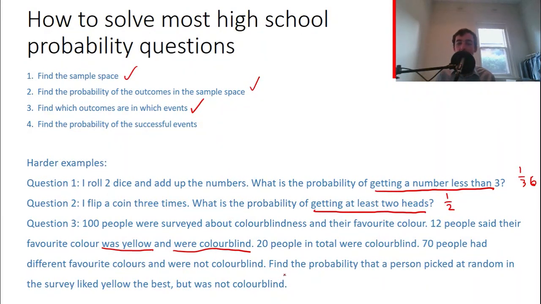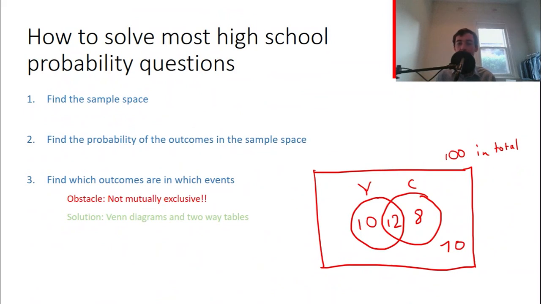Basically, we're trying to find the probability that a person picked at random liked yellow the best, but was not colorblind. So what we have to do is work out how many outcomes are in that section. The person who liked yellow the best, but was not colorblind, would be inside the yellow circle and outside the C circle. They're not inside this one.